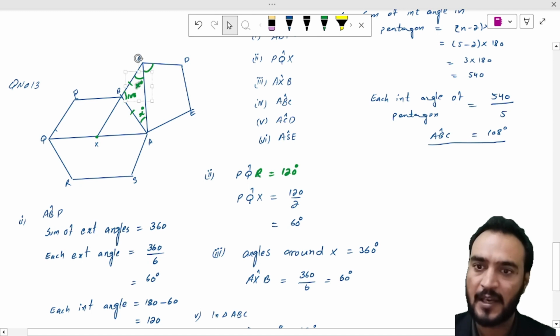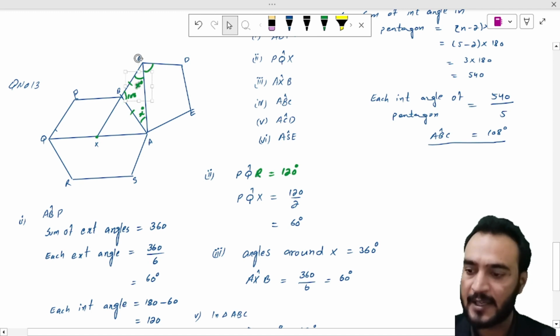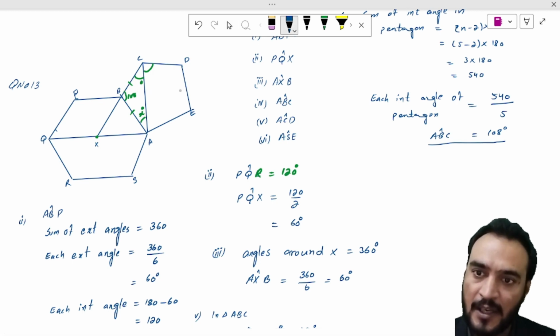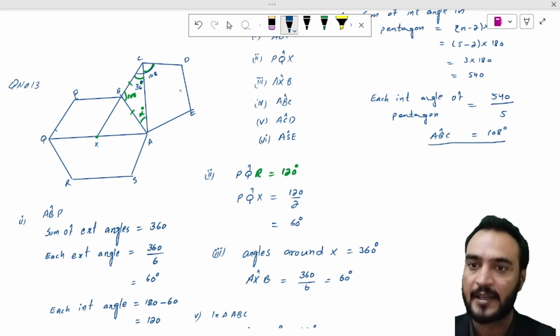So this angle BCA is equal to 36 degrees. As we know, the interior angle of this pentagon is 108 degrees. To find the angle ACD, we subtract 36 degrees from 108 degrees.